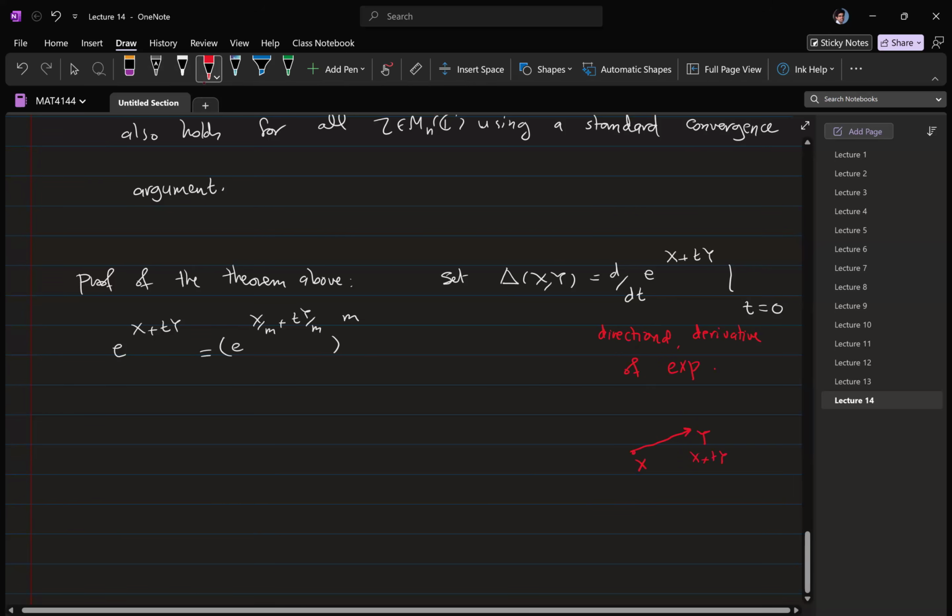And now, you know from calculus again that the derivative is linear in the direction, right?